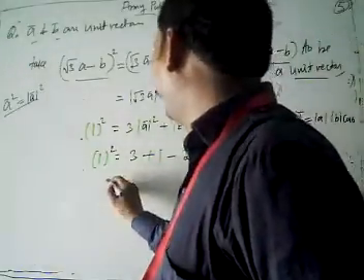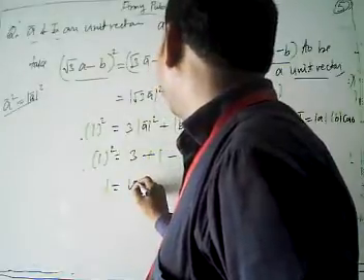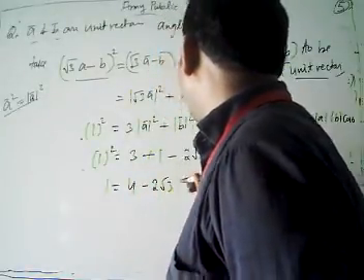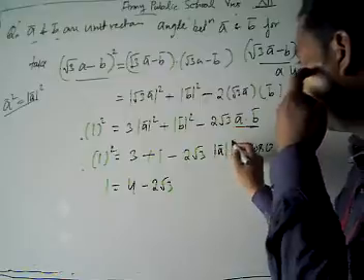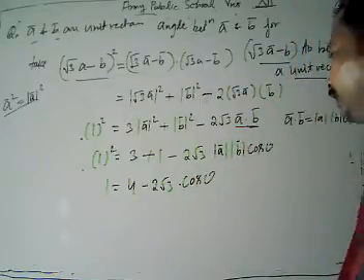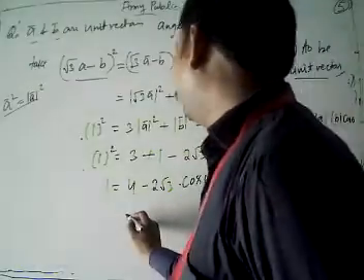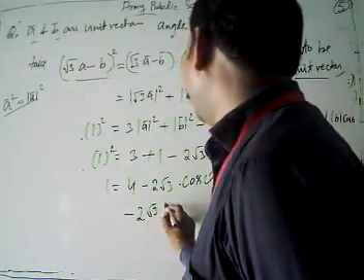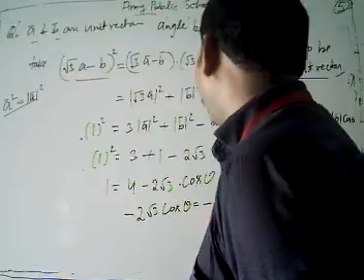Now we have 1 equals 3 plus 1, which is 4, minus 2√3 into cos theta, since these are unit vectors with magnitude 1. Then we have −2√3 cos theta equal to −3.